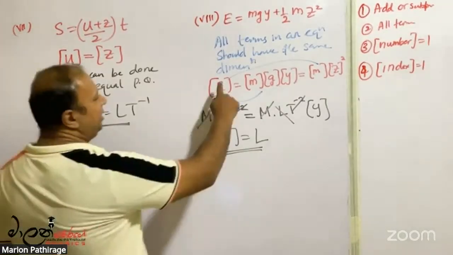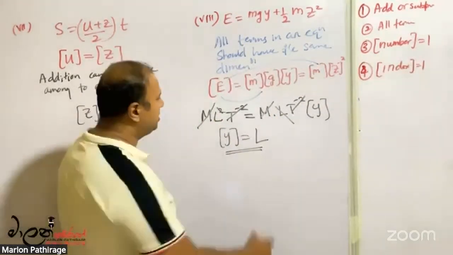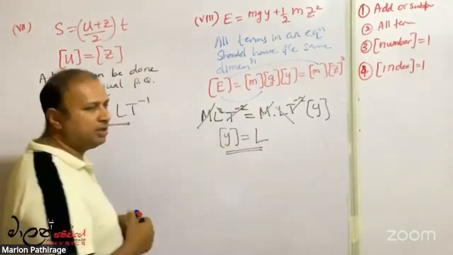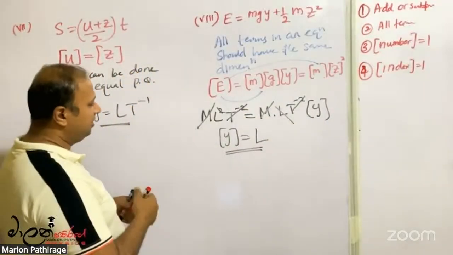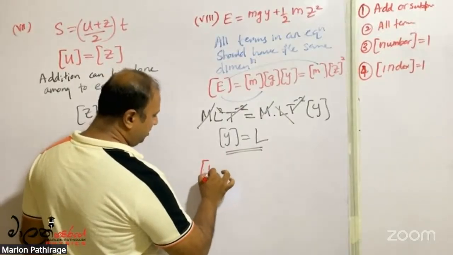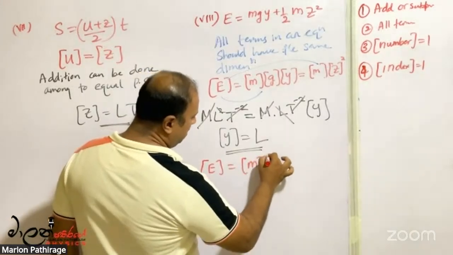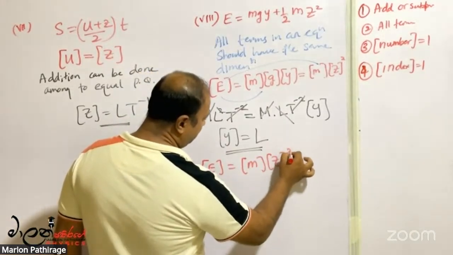Then the second equation: dimension of E is equal to dimension of M Z square.